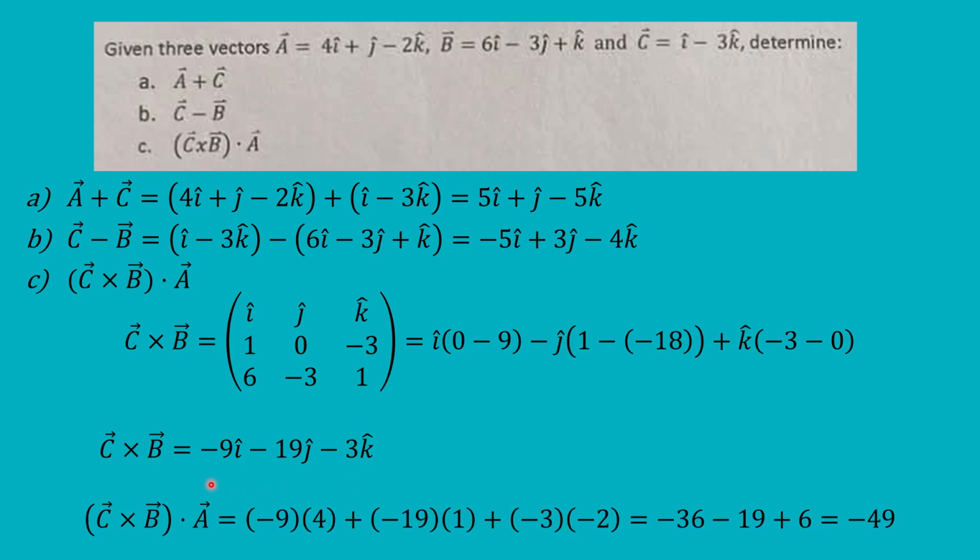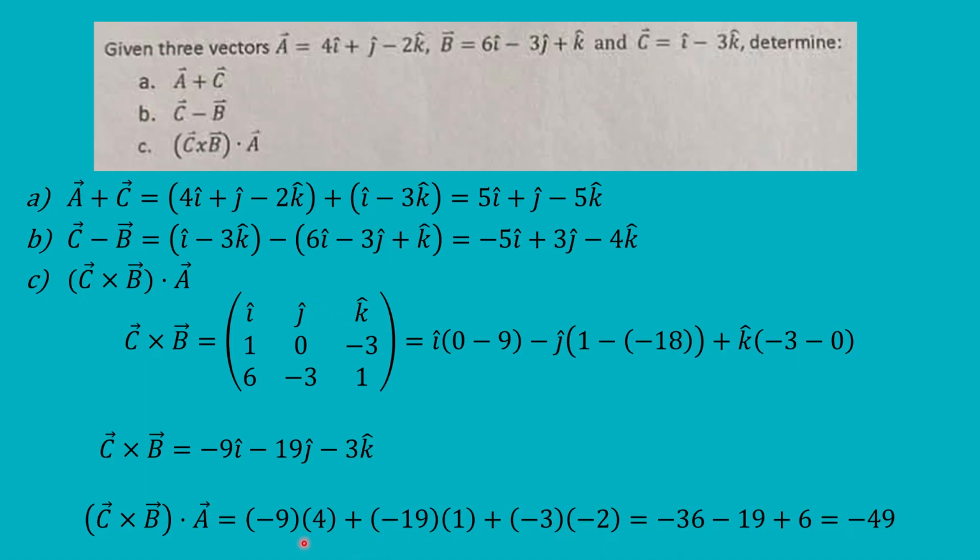So we'll have minus 9 times the component of A, which is 4, plus minus 19 for C cross B, then we have 1 here for A. Then minus 3 here for k hat, and for A it is minus 2.